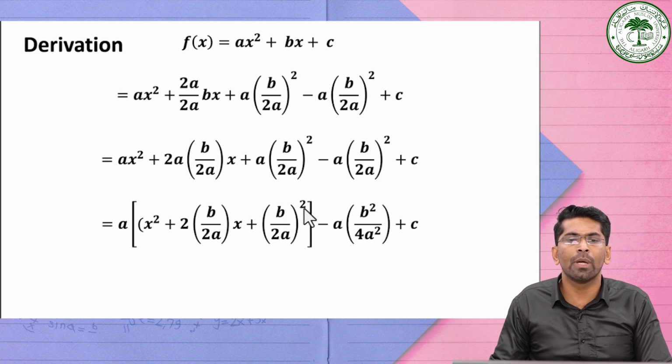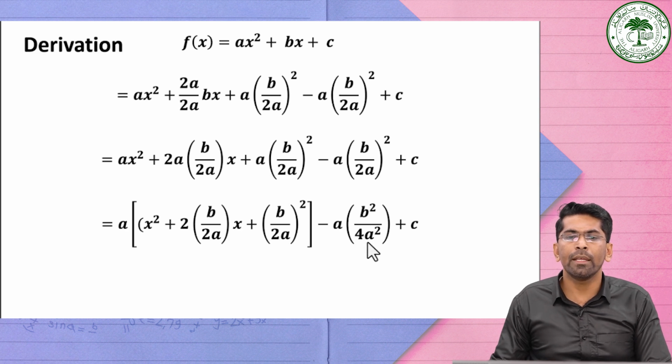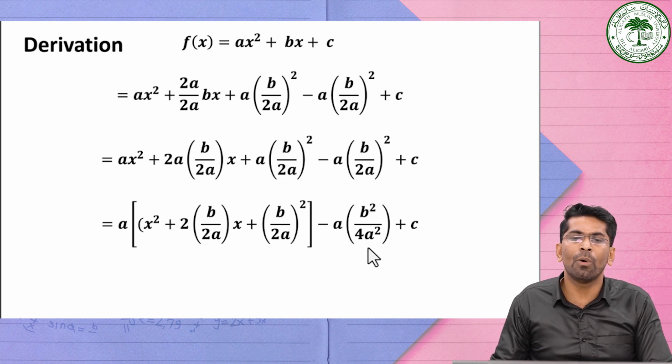I am putting this in a square bracket. Minus a into, removing the square, b square divided by 2 square a square. That is, 2 square will become 4, then a square, plus c. So this term will become b square divided by 4 into a square, plus c.